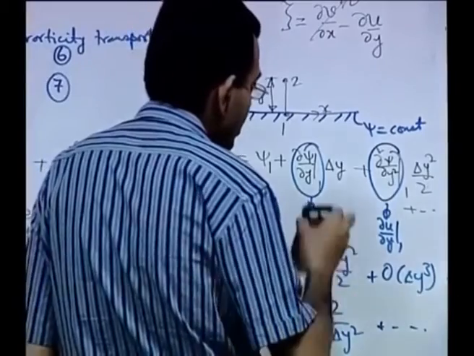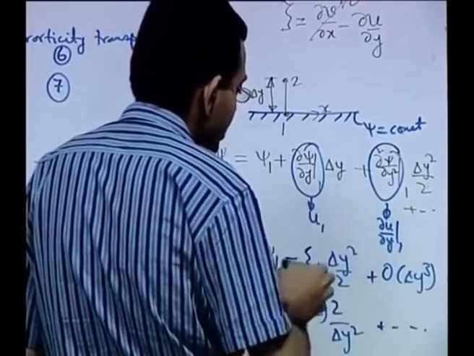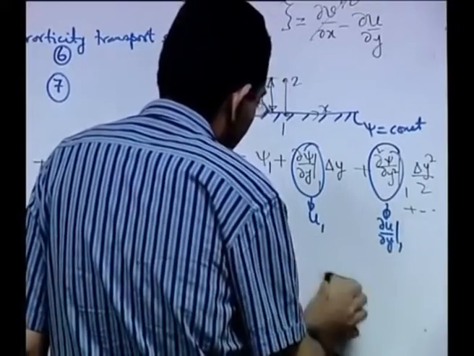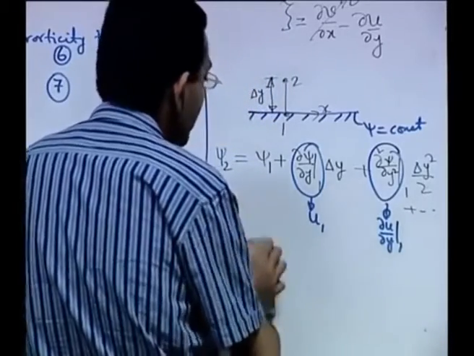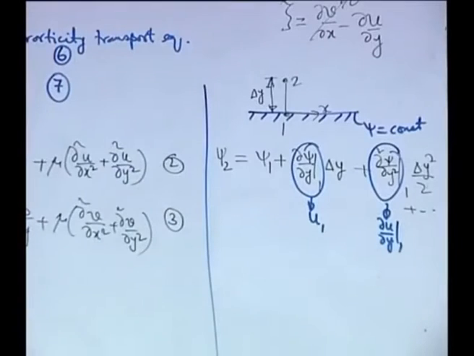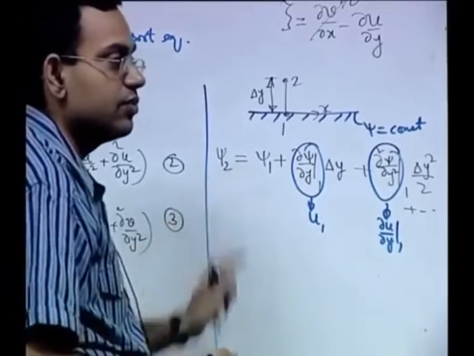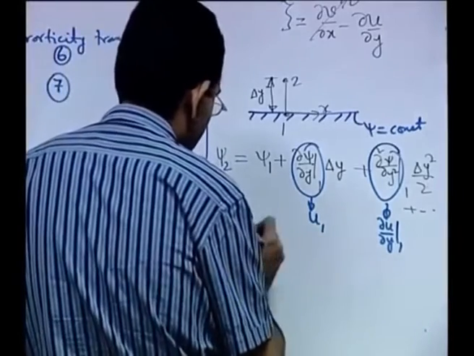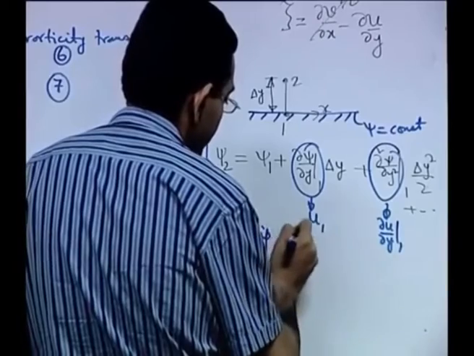modify this situation a little bit, and let us try to work out a problem where we consider that instead of a no slip boundary condition there is a slip boundary condition. So, if there is a slip boundary condition, then how do you write the stream function vorticity relationship as a boundary condition? So, example, slip boundary condition.